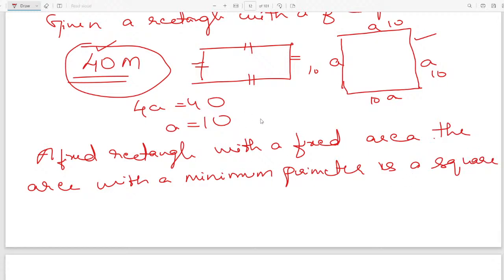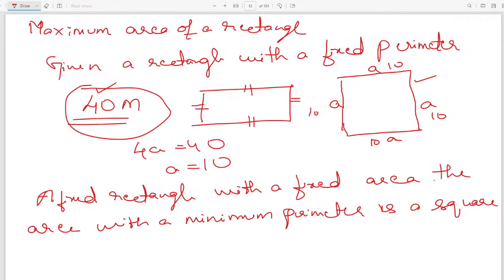So if they have given a fixed perimeter, then to maximize the area, we have to consider a square. Only when it is a square can the area be maximum. And if they have given a rectangle with a fixed area, then the minimum perimeter would be for the square.